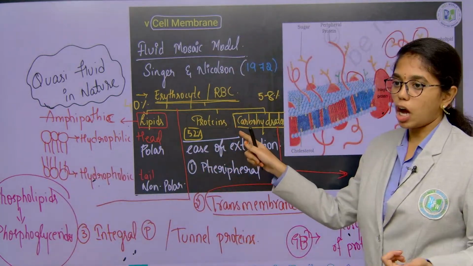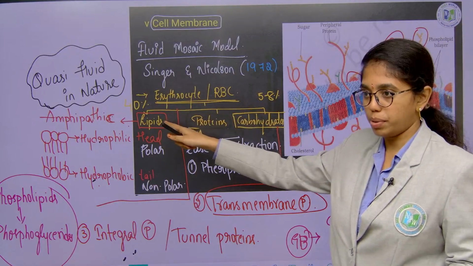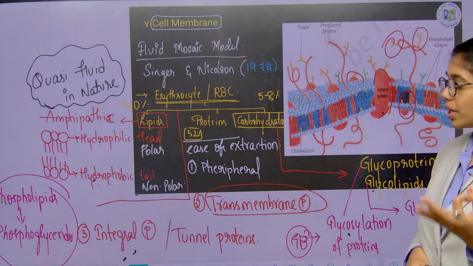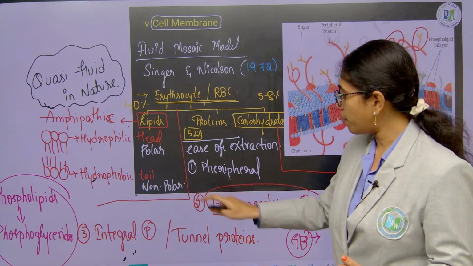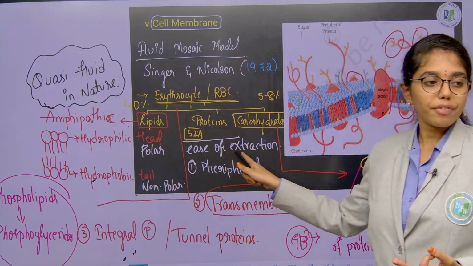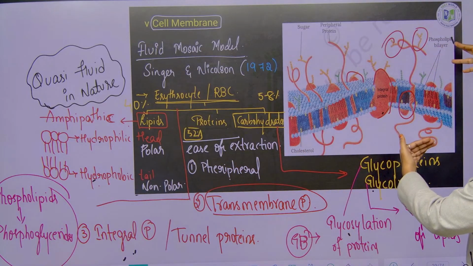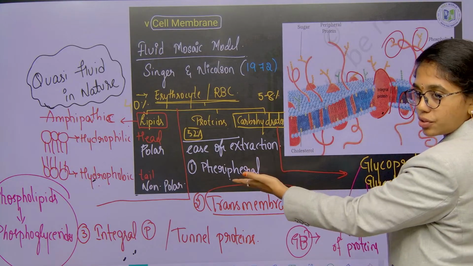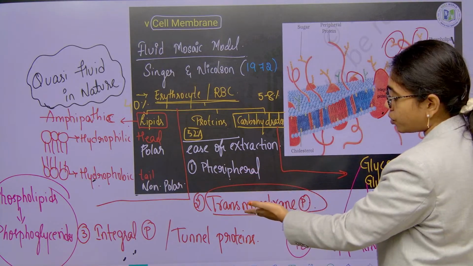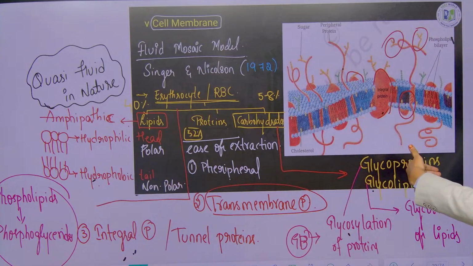Next, proteins. It is 52% proteins and 40% lipids. These proteins are of three types: peripheral proteins, transmembrane proteins and integral proteins. Peripheral proteins are on the outer side of either side of the lipid bilayer and are easily extracted via detergents, whereas transmembrane proteins transpan any of the sides of the plasma membrane or both.